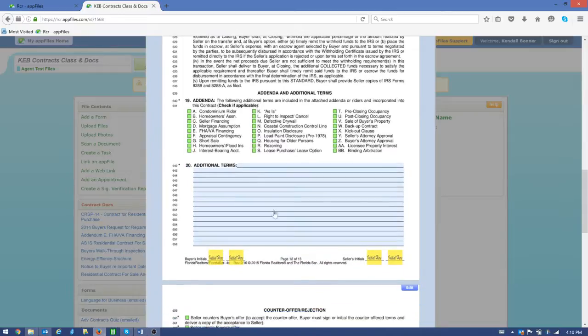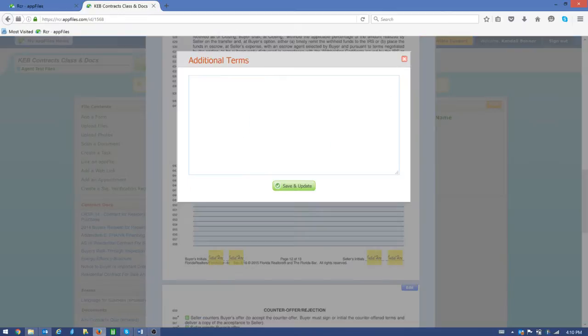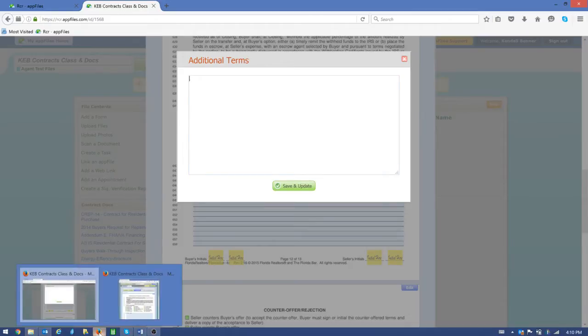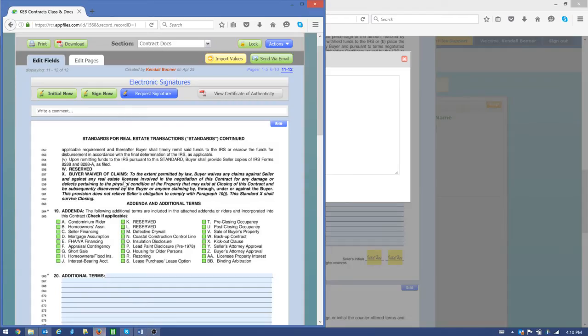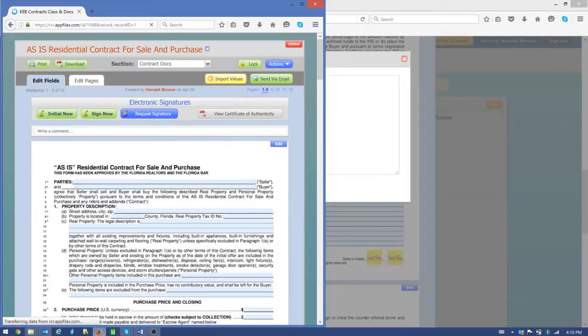Now, additional terms. This is where you guys sometimes mess up my wonderful FARBAR4 strategy. I've already told you what I love about the as-is contract: on paragraph 12, it should be here on page 5 of your as-is contract.